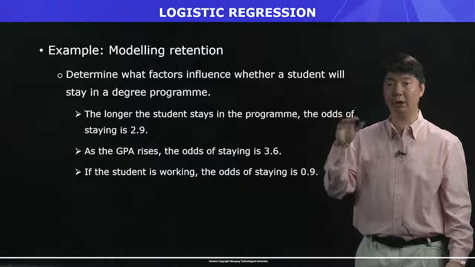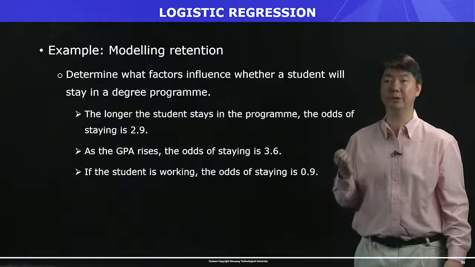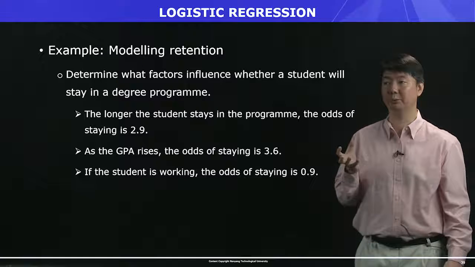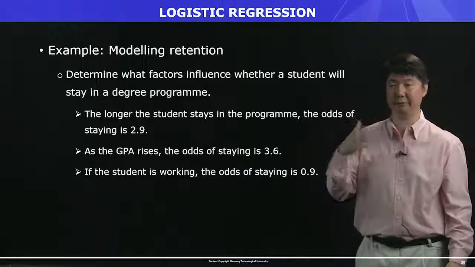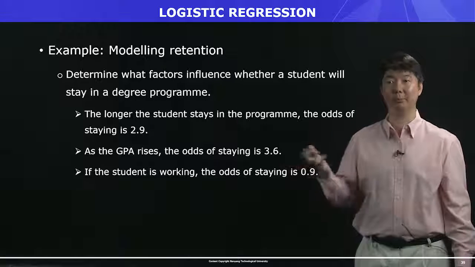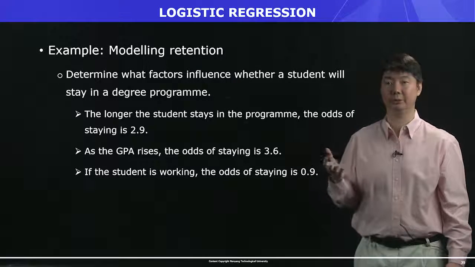Now, if you were to look at all the beta values, the most influential is GPA. So GPA scores would influence the fact that the student stays in the program. This is followed by how long the student is in the program, and then finally whether the student is working or not.